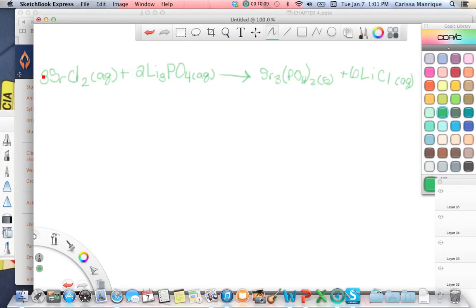So let's start here. Do you see I have SrCl2, but I have 3 of these, so I need to show that. So my ionic equation, where it has all of the ions broken up, will have Sr. I'm going to have 3 of them because it says I have 3 right here.